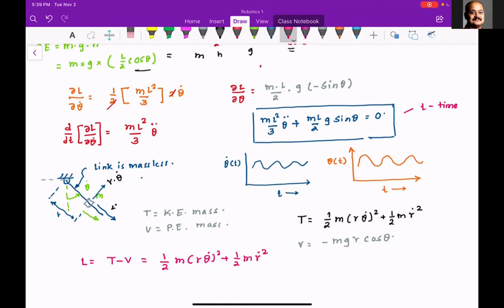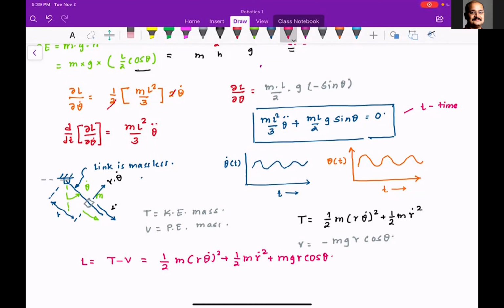Here r dot is the velocity along the rod. So it has the velocity perpendicular to the rod, and the mass has velocity along the rod. Minus, so this becomes plus m g r cosine theta.